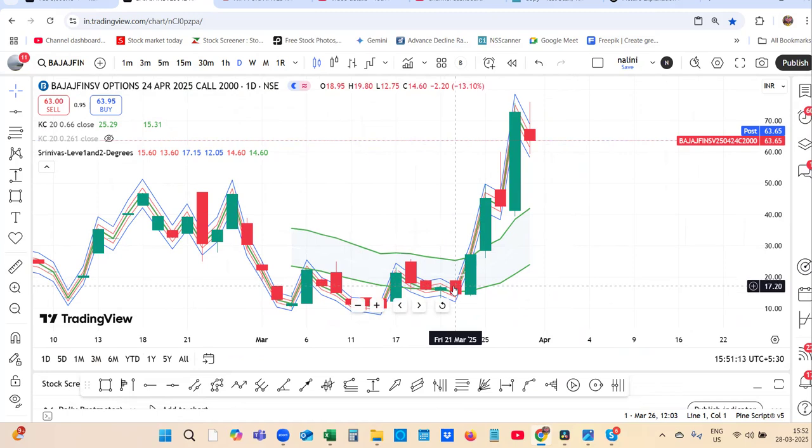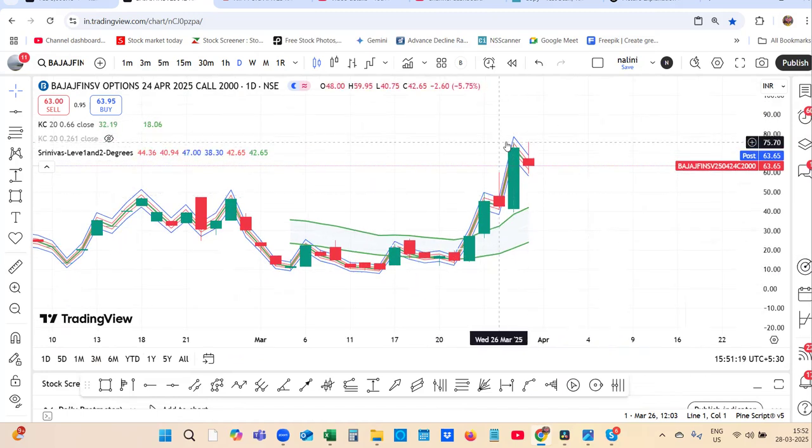The price of this call option was 17 rupees. It rallied up to 75 rupees. 75 rupees, traders. From 17 to 75 rupees, it is not a joke. Within 3 to 4 days, you can comfortably hold this.